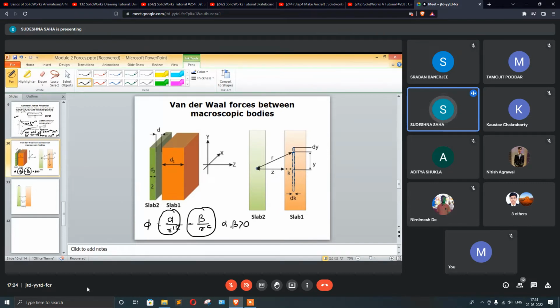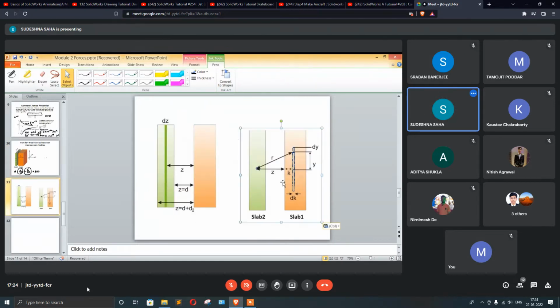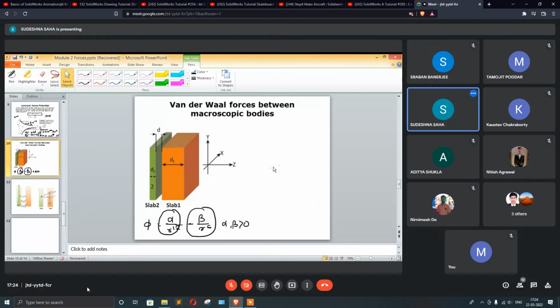And if you put it in a schematic format, I will put this figure in the next page so that I can have enough space over here. Okay.